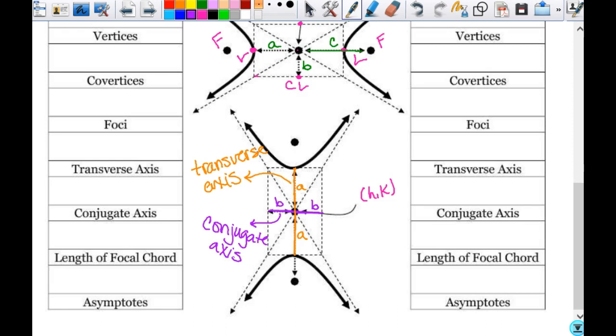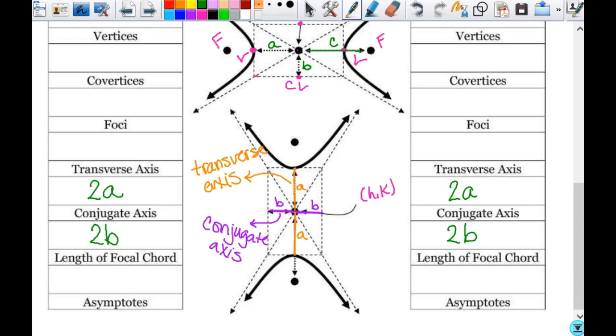So it's not major and minor, it's transverse and conjugate. So as you can see from right here, your transverse axis is 2 times a, because from the center to that vertex right there is a. So the length of the transverse is 2a, conjugate is 2b. Same thing in both forms of the hyperbola.